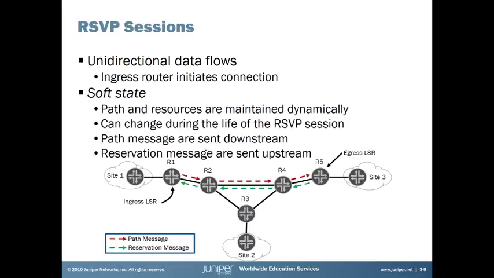Path messages are sent downstream, and reservation messages are sent upstream. So what happens is we start off on our ingress router, and we configure up our RSVP protocol session to create a path for us. We're saying to the protocol, I want you to create a path from R1 to R5, and you can put other things in there as well.